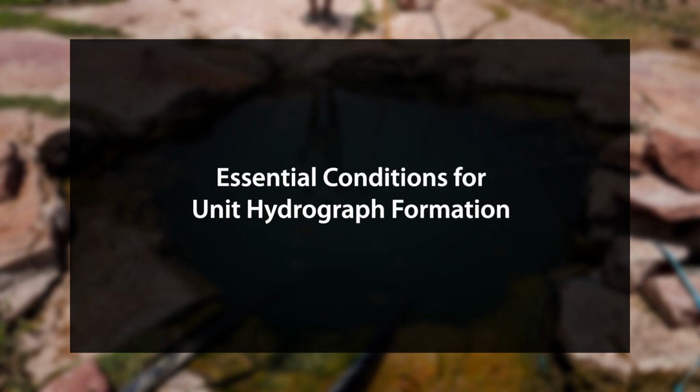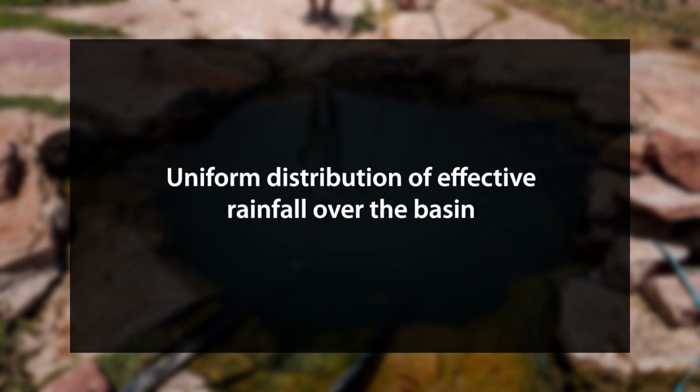convenient time. So far as the essential conditions for the unit hydrograph formation are concerned, based on the definition of a unit hydrograph, 2 basic conditions must be satisfied for its valid derivation. Number A, uniform distribution of effective rainfall over the basin. The effective rainfall must be evenly distributed across the entire drainage basin.